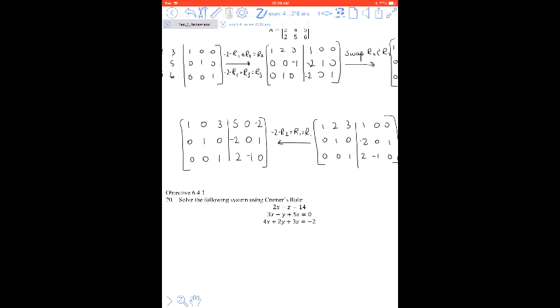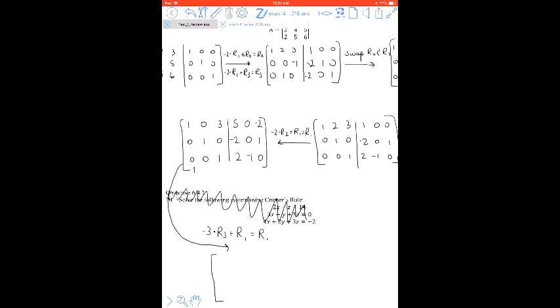So this row operation, I'll do this problem in a second. Let me give myself some more room here. So this row operation is going to be -3 times row 3, add that to row 1. That's going to become a new row 1.